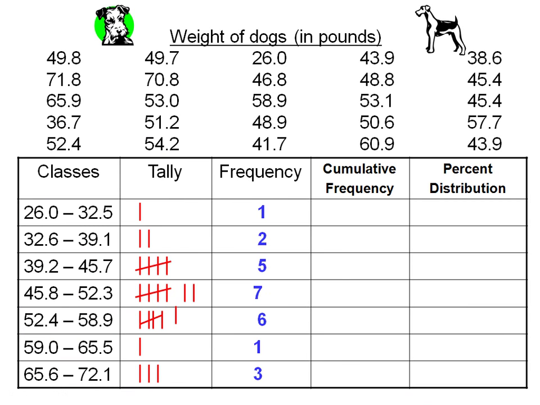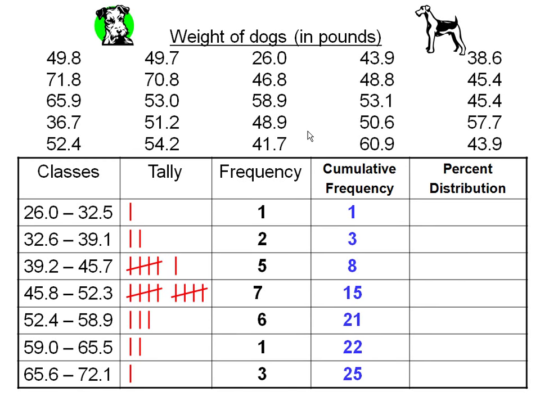Cumulative frequency, you just had to add them, right? The first one is 1. What about the next one? 3. And the next one? 8. 15. 21. 22. 25. Okay. Percent distribution is the same thing as relative frequency.